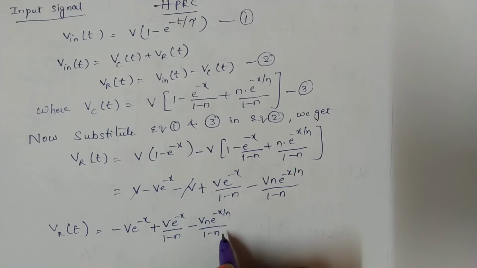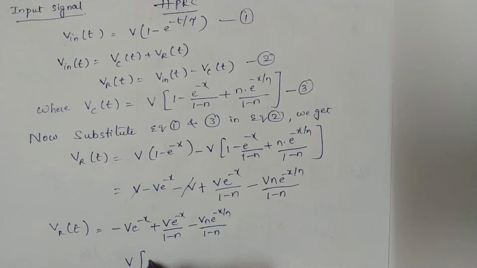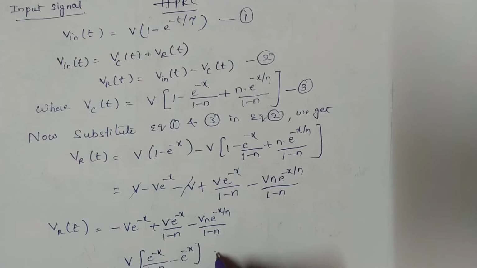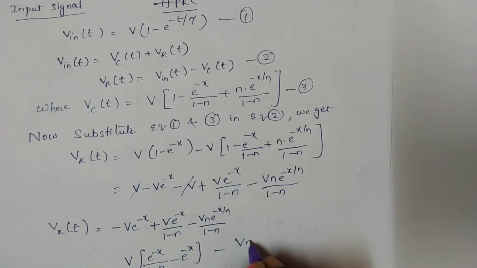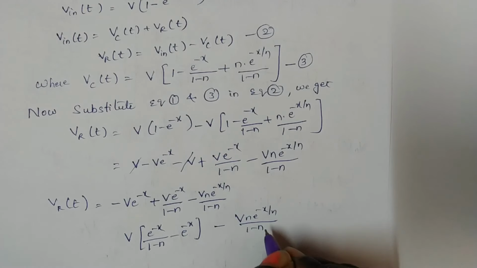Now taking V as common, V into e power of minus x by 1 minus n minus e power of minus x, and then minus Vn into e power of minus x by n by 1 minus n.